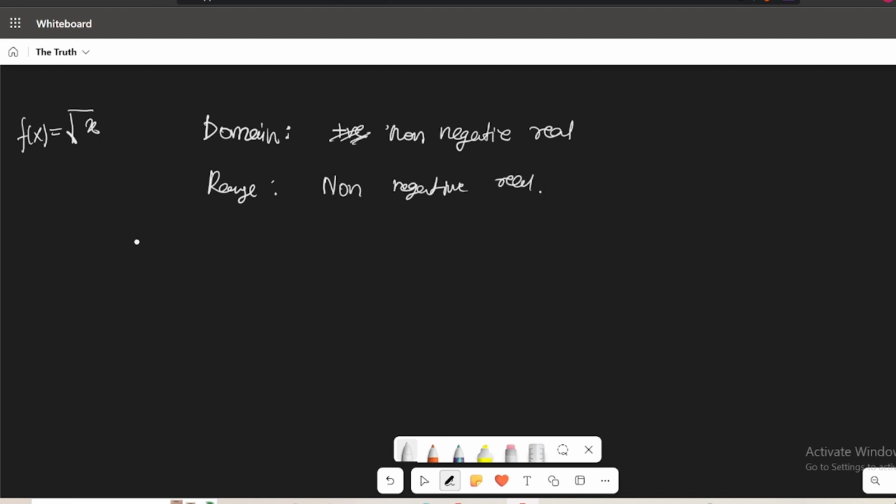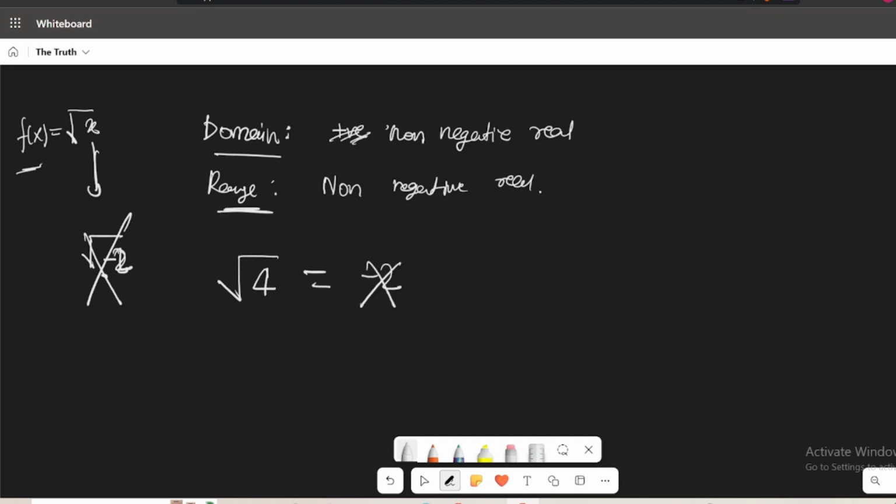Which means you cannot take minus 2, right? Because it is not in the domain. So this function will not accept minus 2. Similarly, if you write under root of 4, it cannot give minus 2 as a value because what is its range?